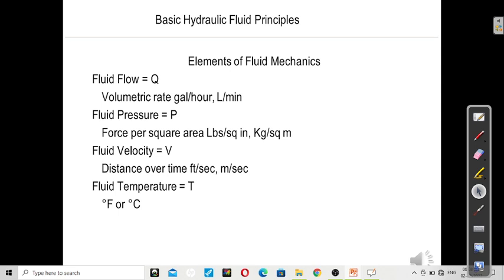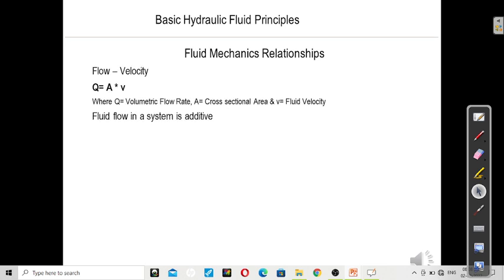Then the fluid temperature T, in Fahrenheit degrees or centigrade. Then fluid viscosity, small v, the fluid resistance to flow, in CST, centistokes.